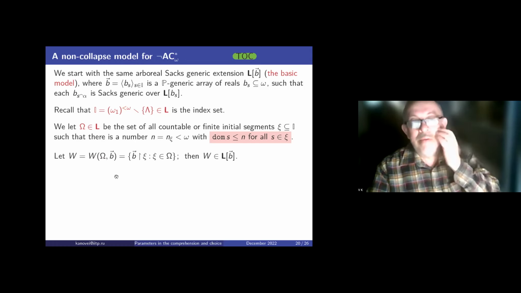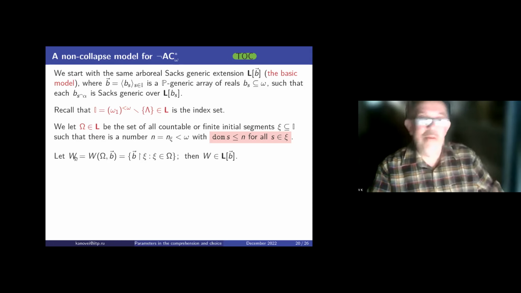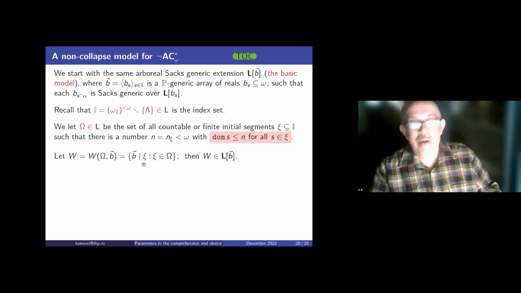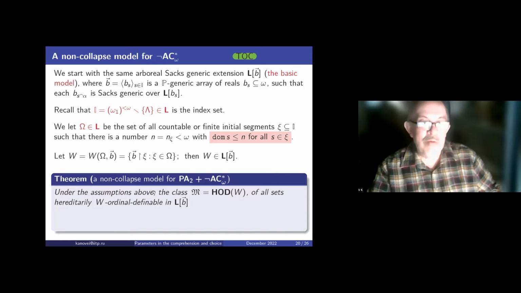And define W. We just consider the set of all restrictions of this vector B to initial segments like this. So this is W in this case.